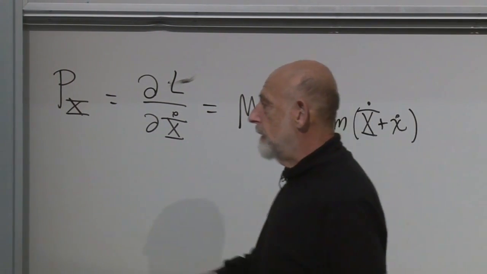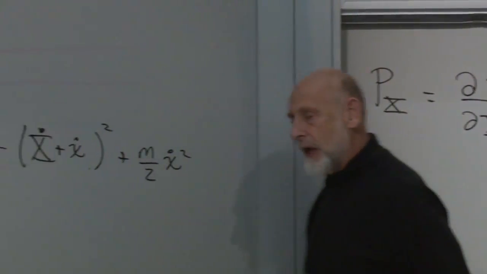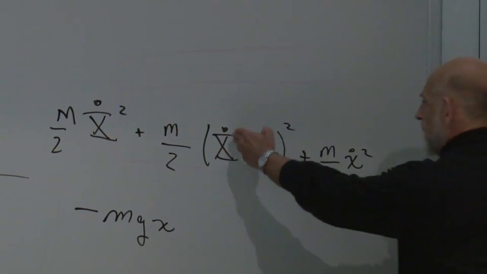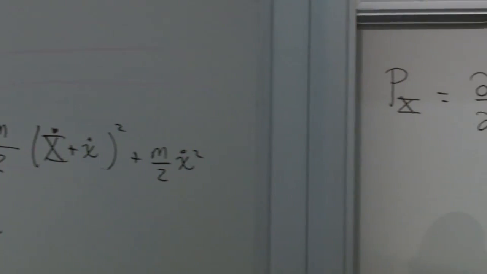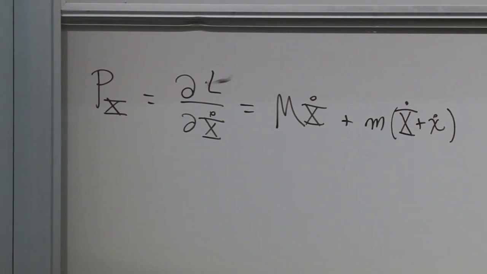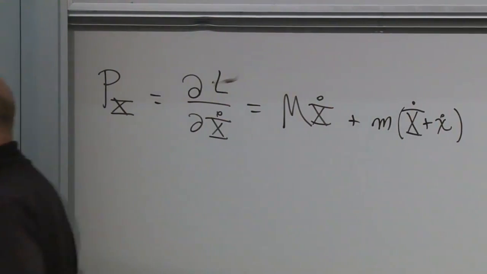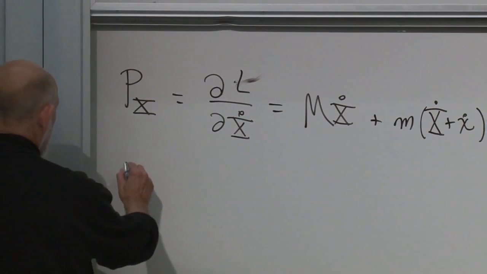Everybody see what I did? I differentiated what was in here with respect to capital X dot, and that just gives me capital X dot plus little x dot. That's the definition of the momentum conjugate to capital X.